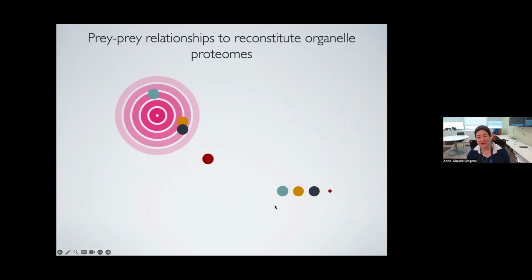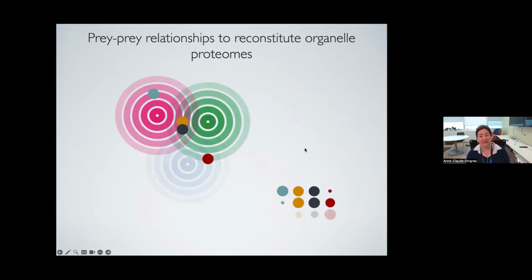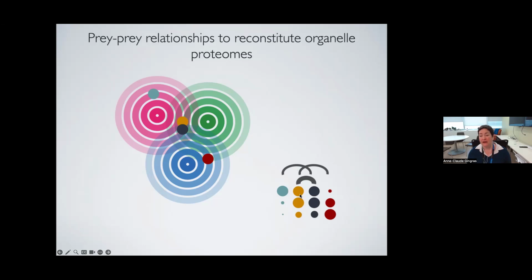If you do that only one time, you cannot really tell anything about the relative proximity of the preys to one another. But if you do that multiple times, shown here by different baits, each generating their concentric rings, what you can see is that your quantitative matrix here at the bottom is now providing information that can directly inform on the spatial relationship between some of the preys, in which case here, the yellow protein and the dark gray protein are in very, very close proximity and are picked up always at the same relative level by each of those baits.